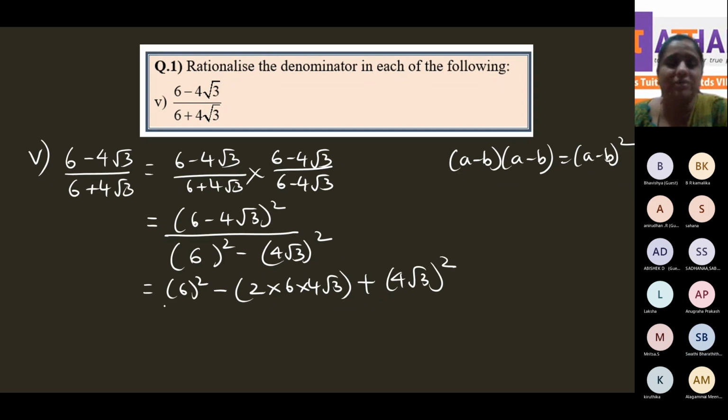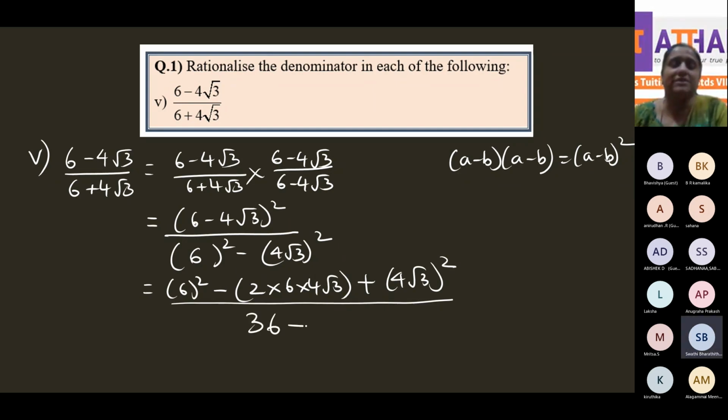Denominator: 36 minus 48. Yeah, 48. So then numerator: 6 square, 36, minus 12 into 4 root 3.